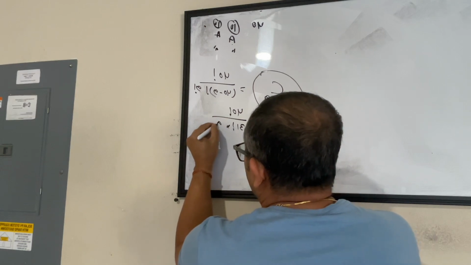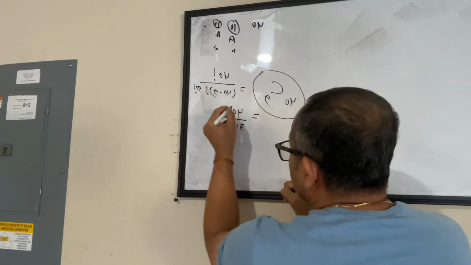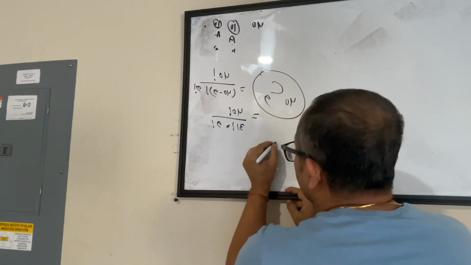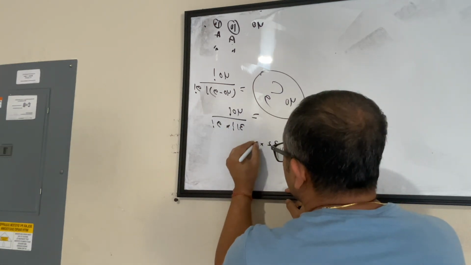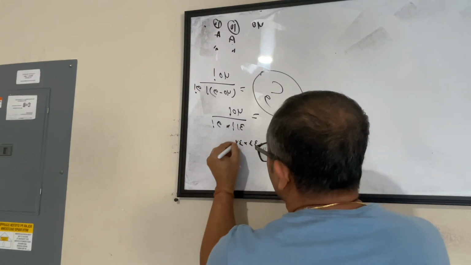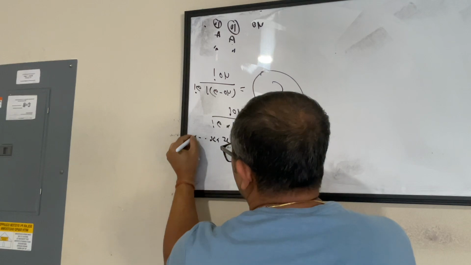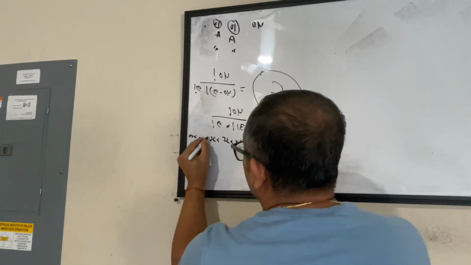Factorial 40 divided by factorial 31 will be 32 into 33 into 34 into 35 into 36 into 37 into 38 into 39 into 40. Let me write it also.